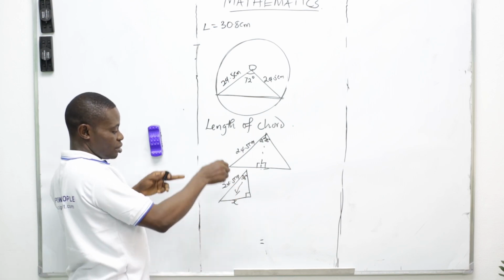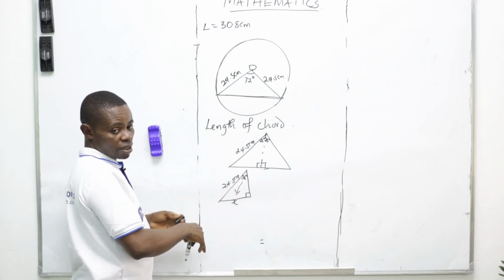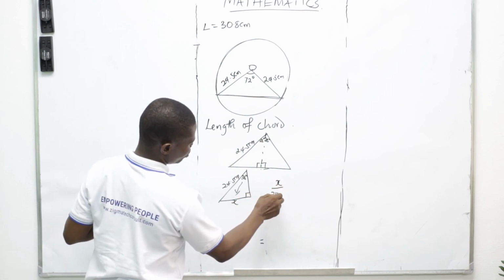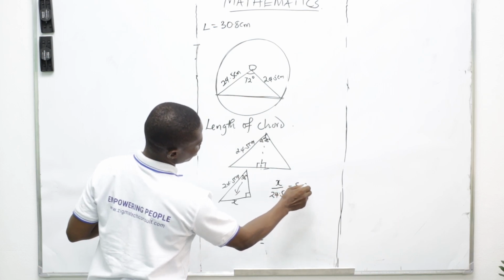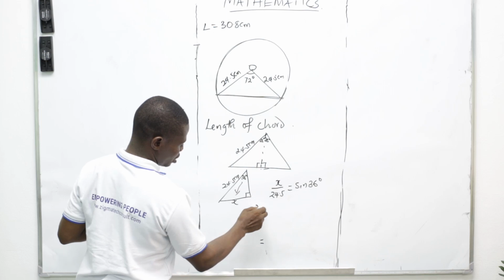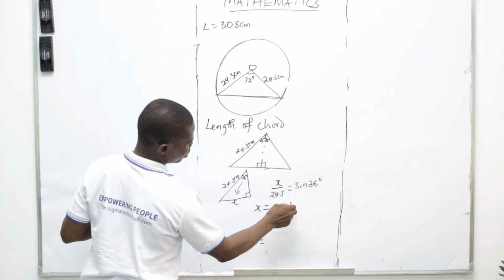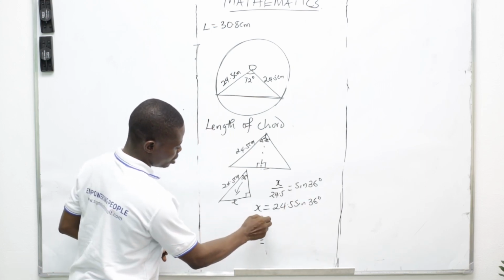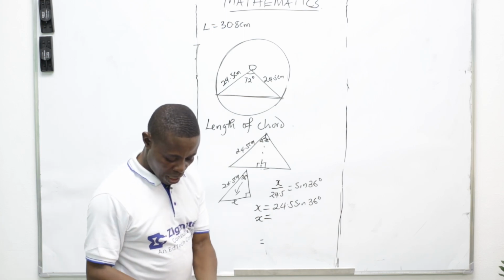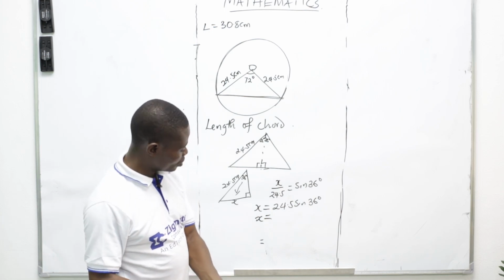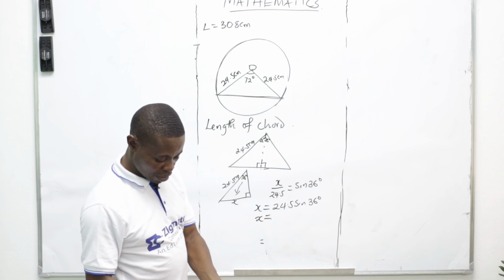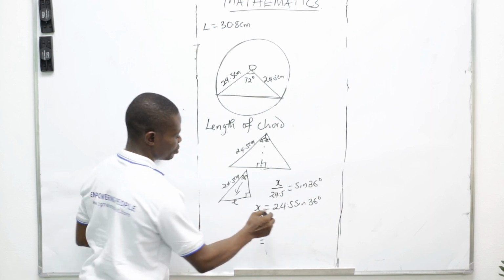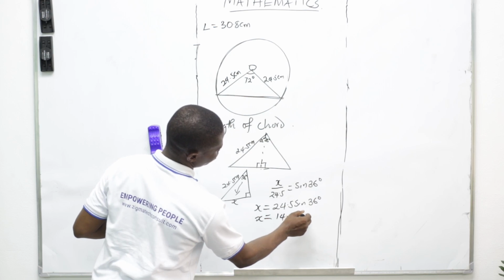The angle is looking directly to x, meaning opposite. So that's the opposite all over hypotenuse. x over 24.5 equals sine 36 degree. So that my x now will be what? x equals sine 36 multiplied by 24.5 equals 14.4 cm.